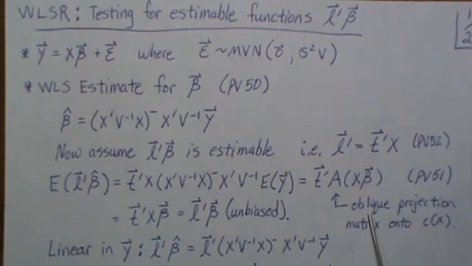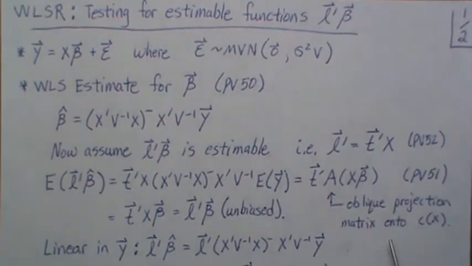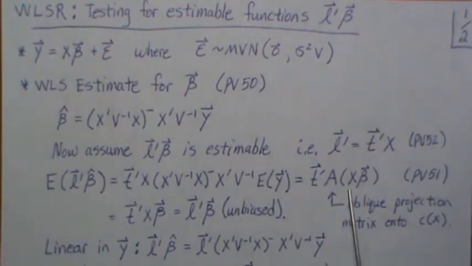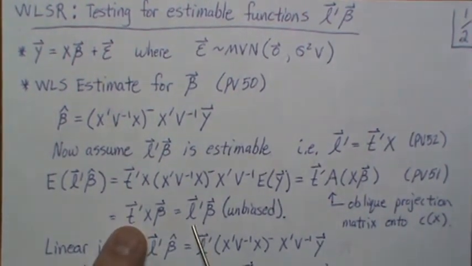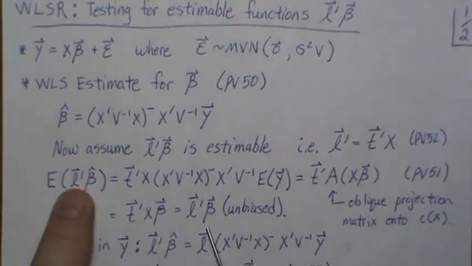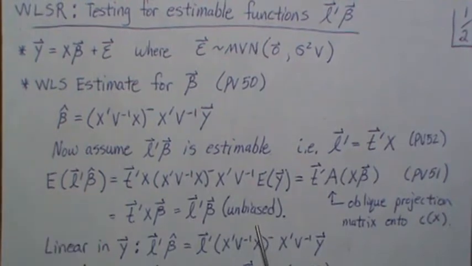And A is an oblique projection matrix on the column space of X. So A times X is just X, and then TX was what we were calling L. So the expected value of this linear combination is unbiased for this.